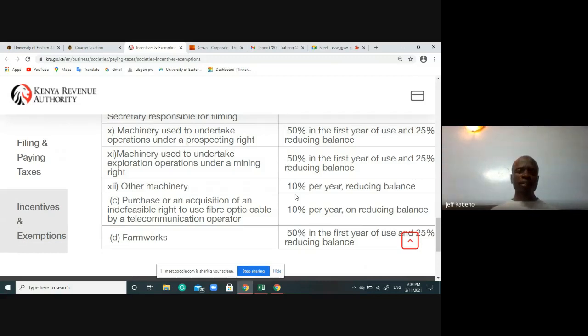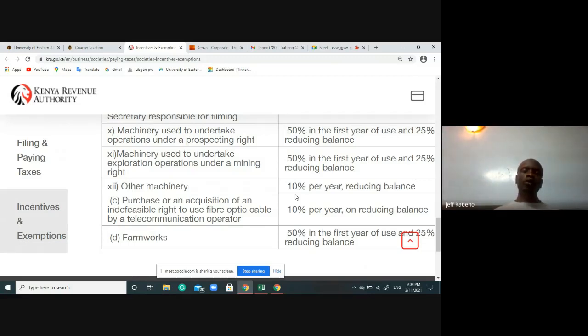So this is how investment allowances work. I have now refrained from using the term capital deduction allowances because the amendment in the Income Tax Act now has done away with the term capital deduction allowances and instead has used the term investment allowances. As you can see, I have made comparison between the previous regime and the current regime.